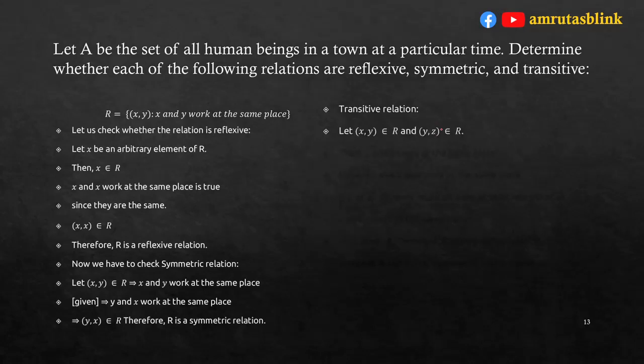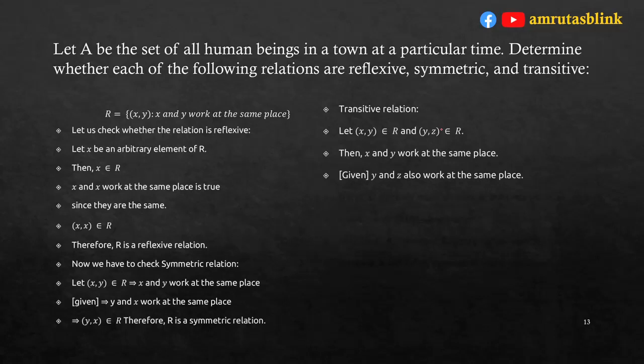Let's suppose (x, y) belongs to R and (y, z) also belongs to R. When (x, y) belongs to R, x and y work at the same place. Similarly, it's given that (y, z) also belongs to R. That means y and z work at the same place. Now let's suppose x and y work in some company and y and z also work in the same company.